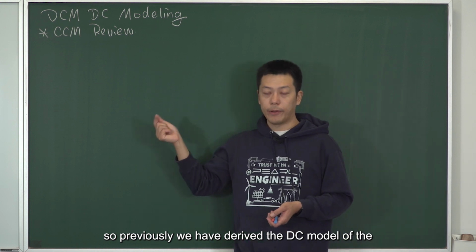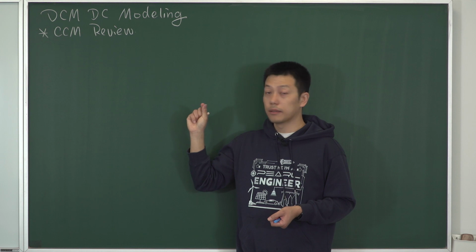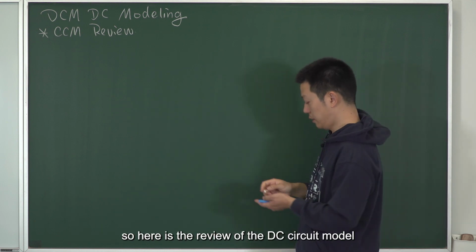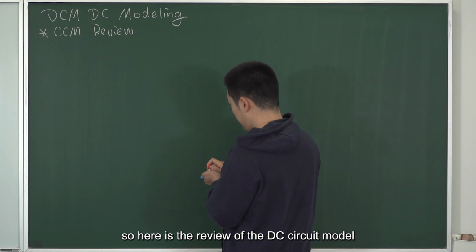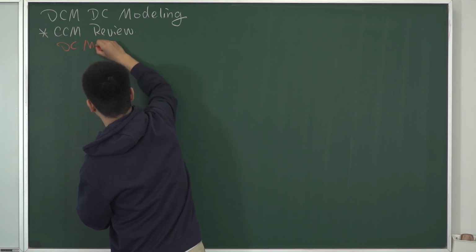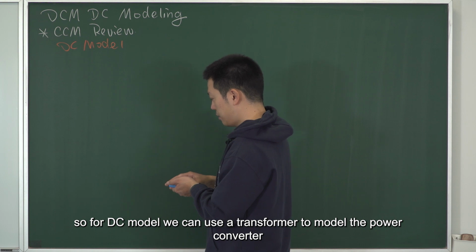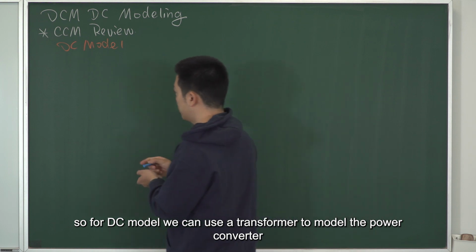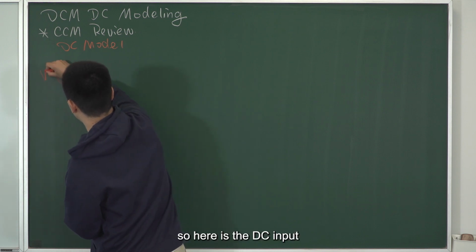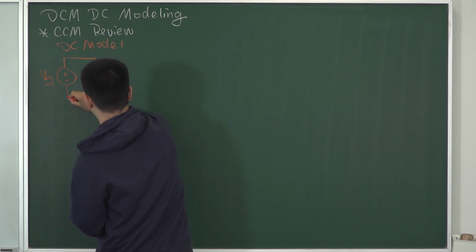So previously, we have derived the DC model of the switch mode power converter in continuous conduction mode. So here's the review of the DC circuit model. For the DC model, we can use a transformer to model the power converter. So here is the DC input, and here is the DC transformer.